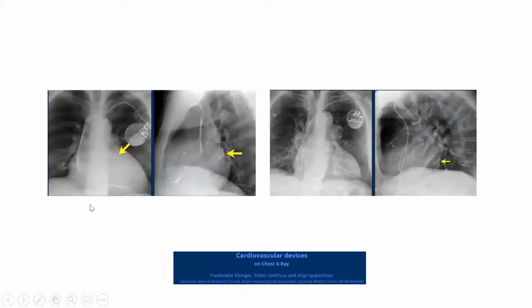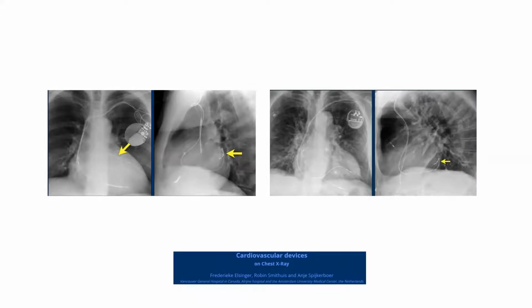Good. Now, what is this one here? ICD. Only ICD. CRTD. Okay, yes.